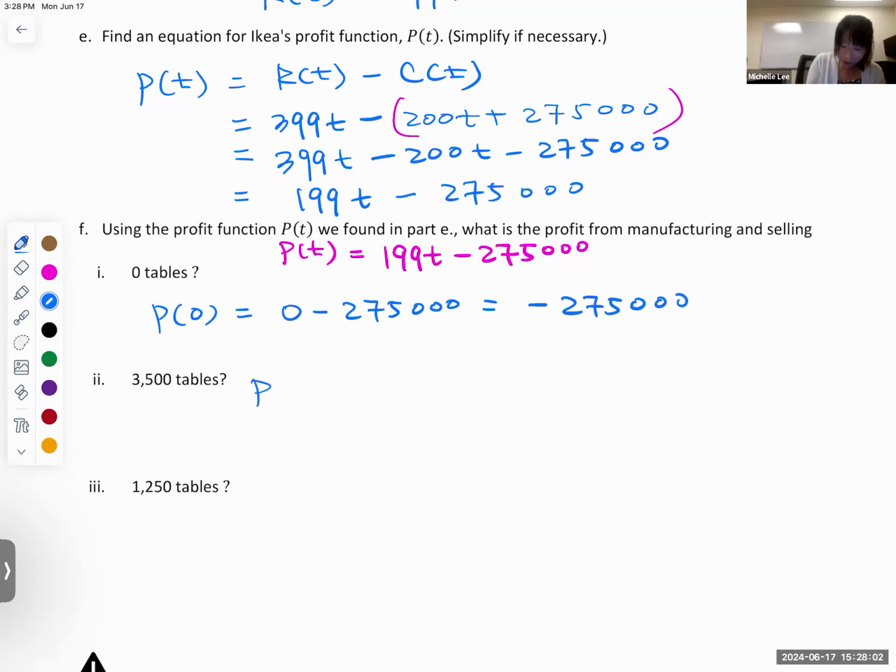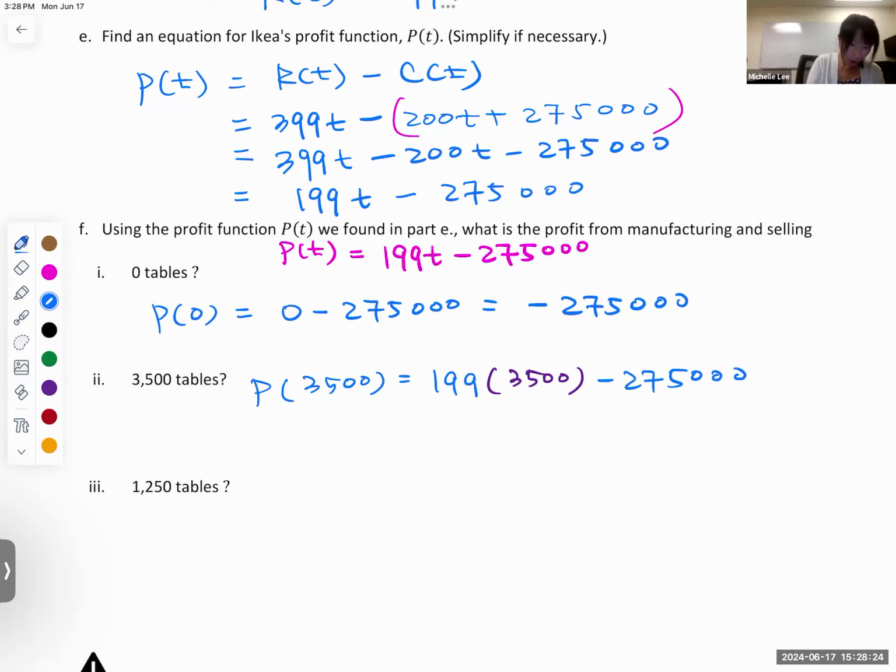What about the 3,500? So P of 3,500 equals 199 times 3,500 minus 275,000.